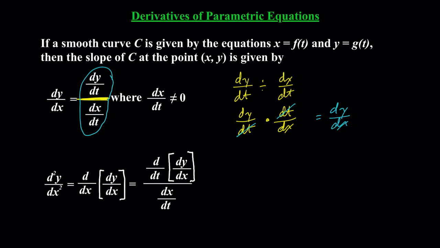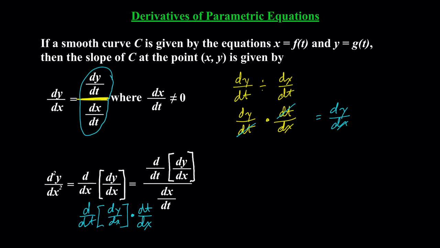All right, so when we take the derivative of dy/dx, you're going to end up with a derivative with respect to t of dy/dx. But then chain rule says we have to multiply by the derivative of the inside part. And the derivative of the inside part would be times dt/dx, because t was our variable on the inside there.